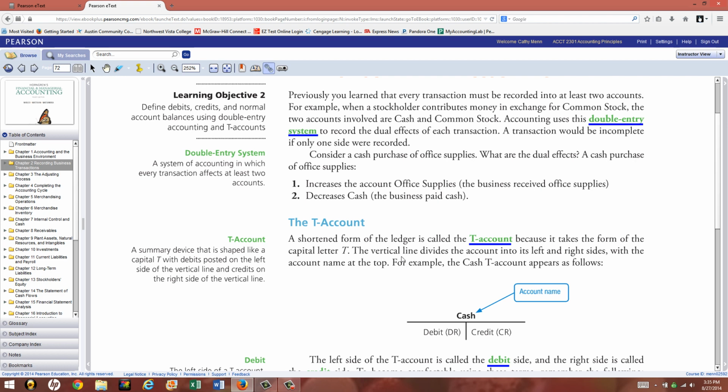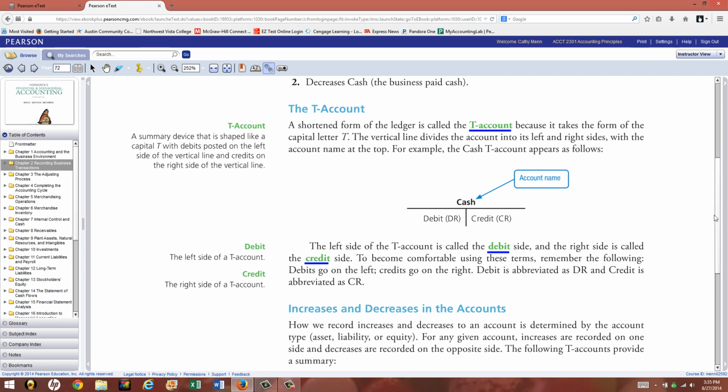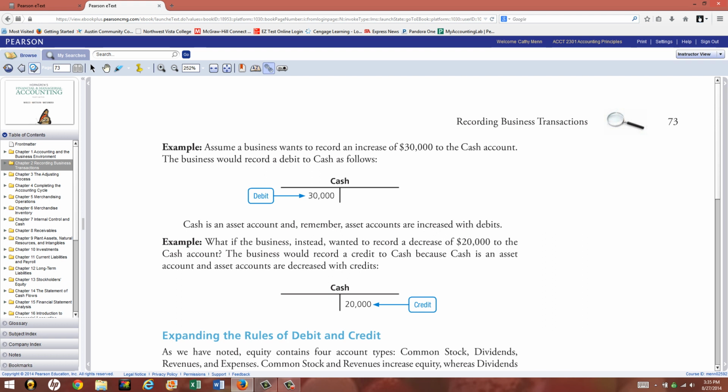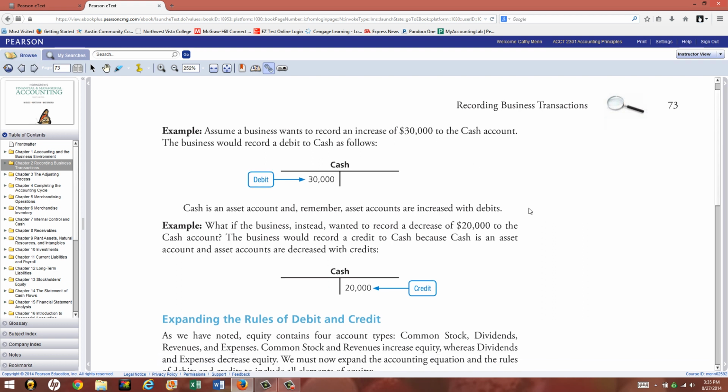When we talk about a T account, literally right here, notice this is a T. Cash in this instance is the account name, and on the left hand side is always going to be the debit, and on the right hand side is where we're going to show credits when we're showing journal entries being written.